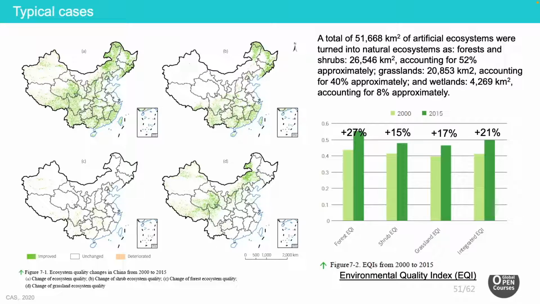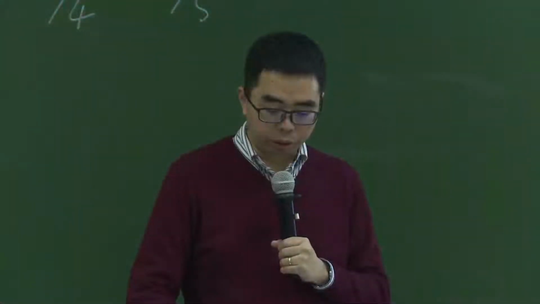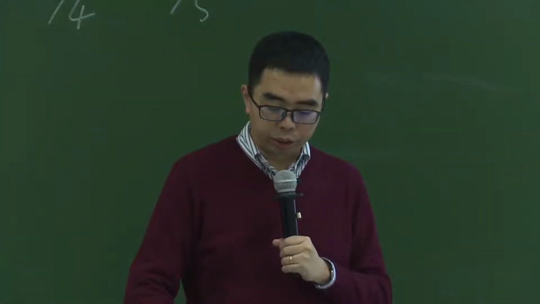The shrub EQI increased 15%, and the grassland EQI increased 17%. We can conclude that the remarkable result of massive ecological protection and restoration efforts in China since 2000 shows an overall improvement in terms of ecological restoration area and ecosystem quality.